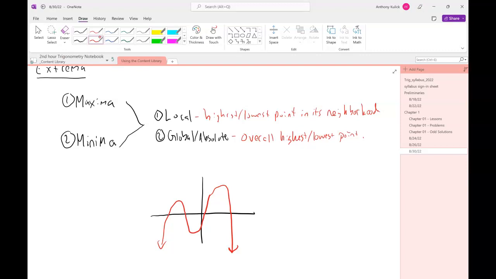All right. How many extrema do you guys see here? You should see 3, right? I see one here, and then one there. Does everybody agree with that?